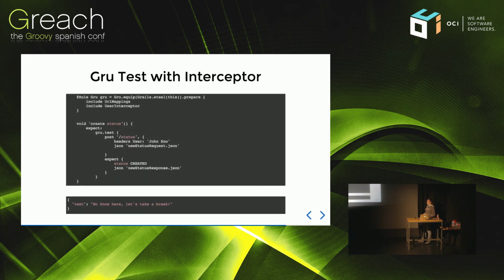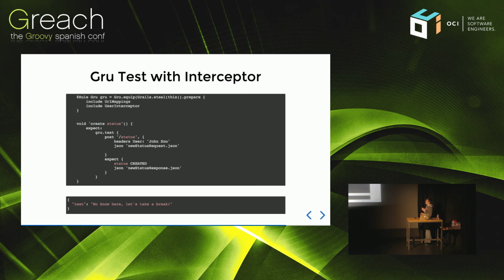But actually, it's not that difficult to do this with Groovy, because as you can include the URL mappings here, you can also include the interceptor. So now it will call not just the controller, but it will also call the interceptor in the proper phases. And again, this is very similar.